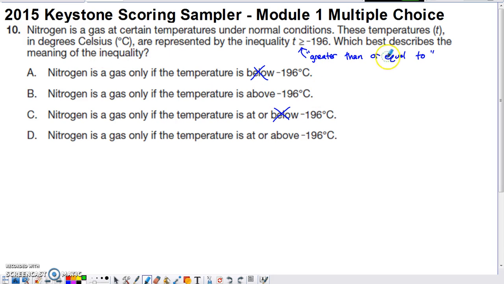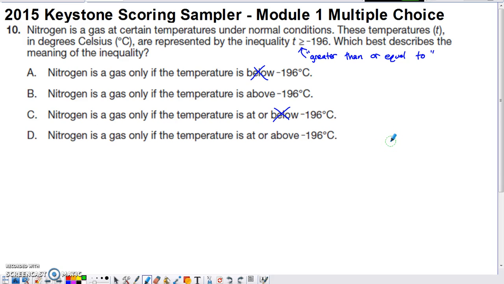Well, if T has to be greater than or equal to, I know that I don't want to pick something that's below negative 196. So I eliminated choices A and C right away. If you look at B, nitrogen is a gas only if the temperature is above negative 196. Nitrogen is a gas if the temperature is at or above negative 196.